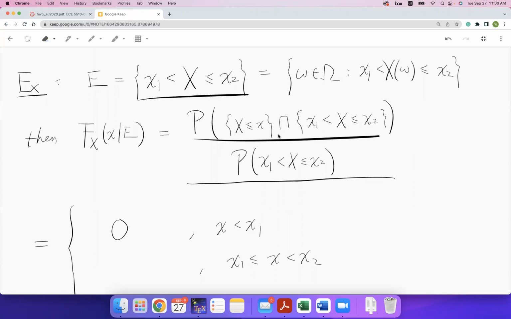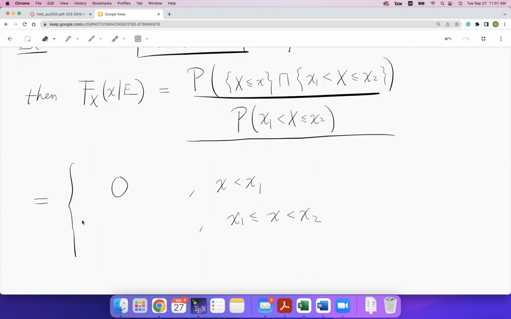So by taking the intersection, we only have x1 as the lower bound and x as the upper bound. So the numerator reduces to this event, whereas the denominator remains the same.